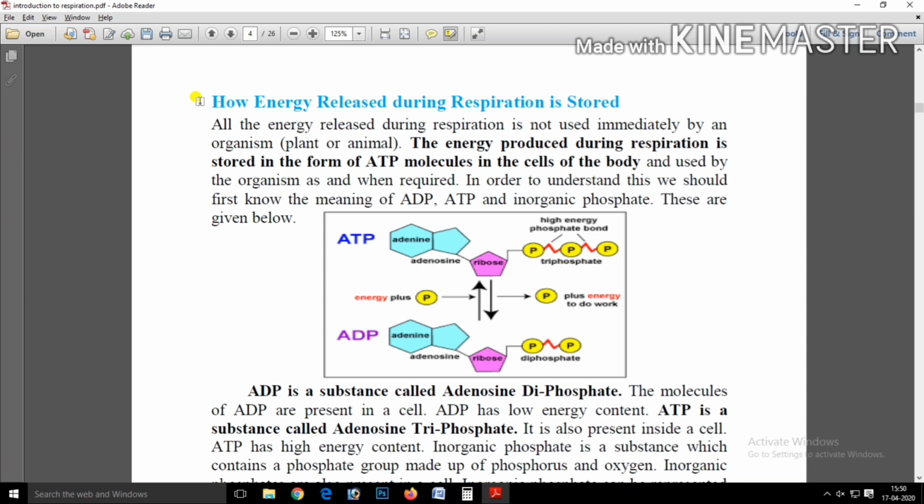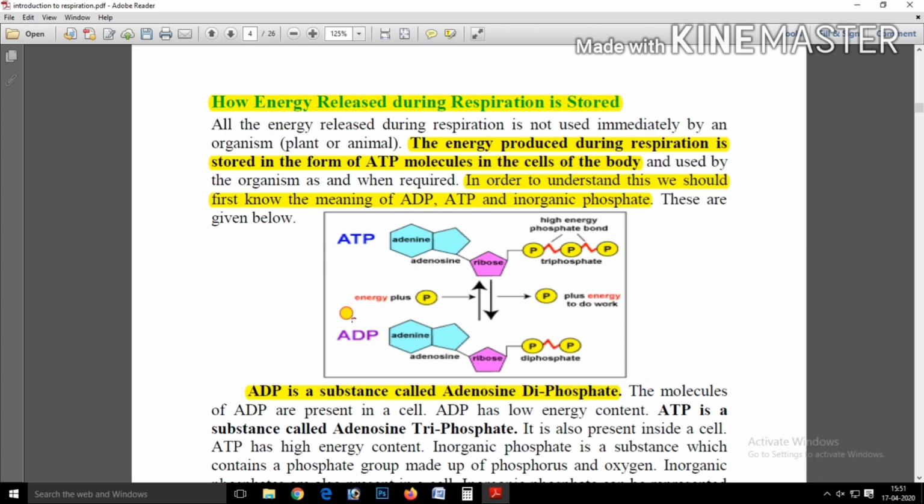The next thing is how energy released during respiration is stored in our body. The energy produced during respiration is stored in the form of ATP molecules in the cells of the body. Now, in order to understand this, we first need to know the meaning of ADP, ATP and inorganic phosphates. The full form of ADP is adenosine diphosphate.